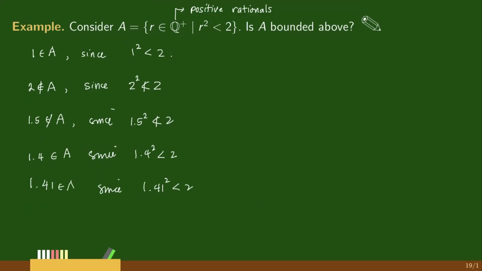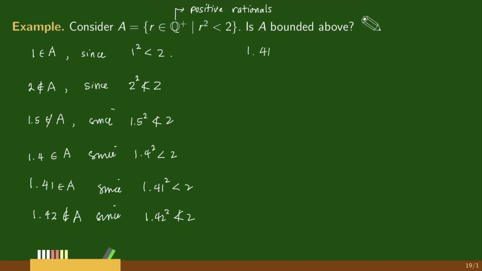So yes, it is in A. So, tapangan natin. 1.42. What's 1.42 squared? Hindi na. Lalagpas na yan ng 2. So ito hindi na element ng A. Lumagpas na tayo. So maybe kaliwa tayo ng konti.